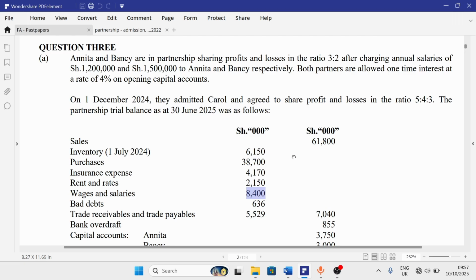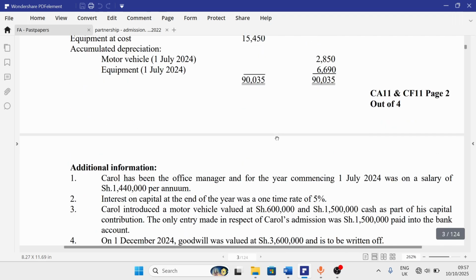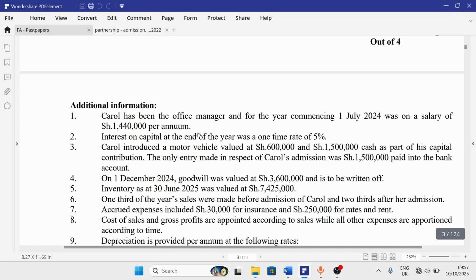So we don't account for partners' salary the same way we account for employees' salary. So the 8400 does not include salaries to the partners. So go to the additional information number 1.